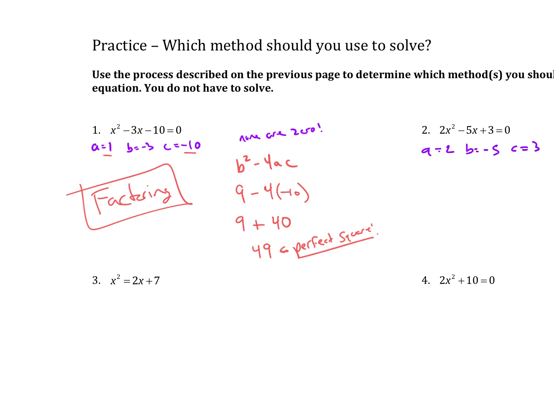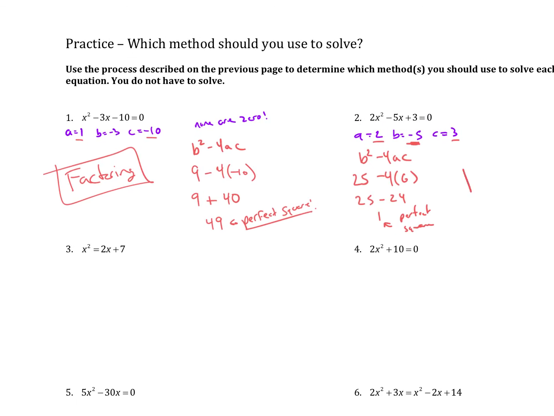None of those are 0, so let's do our discriminant. b squared minus 4ac. b is negative 5, so b squared is 25, minus 4, and then ac is 6. 2 times 3 is 6, so that's 25 minus 24, which is 1. That's also a perfect square, so factoring, again, is a great way to solve this one.